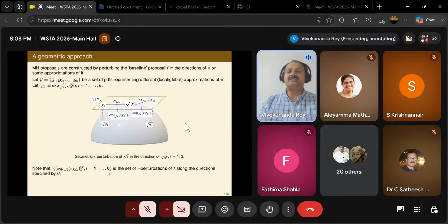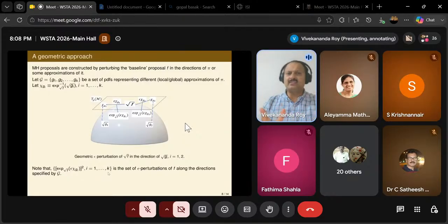So what we plan to do: suppose we have a normal MCMC algorithm, like the random walk algorithm, with a normal proposal density. We are going to move that base proposal density F towards the target, respecting the geometry of the target space.